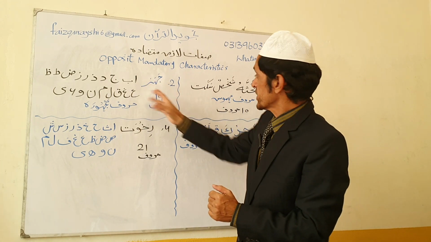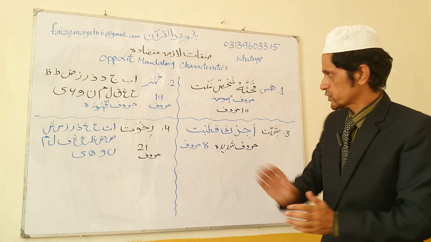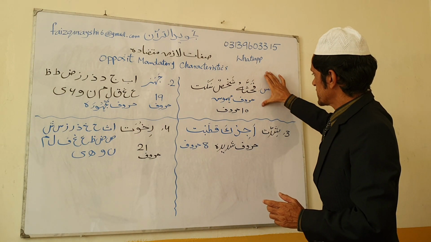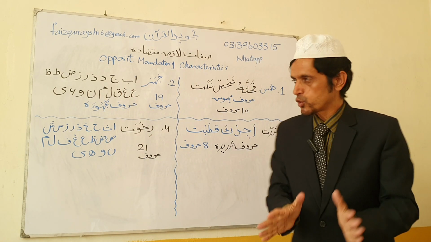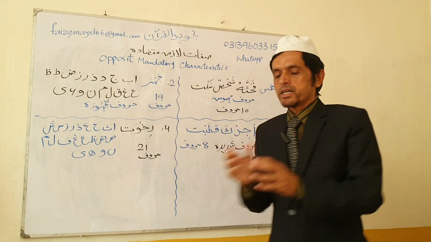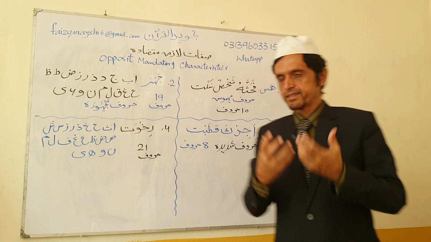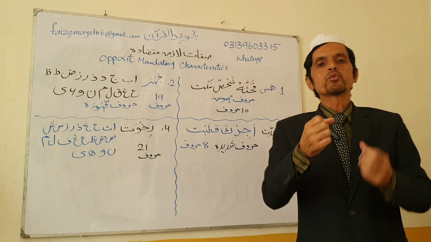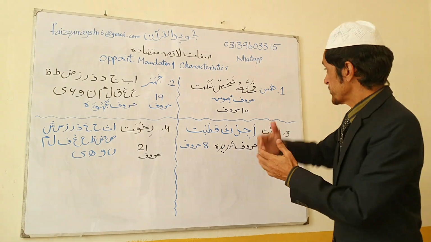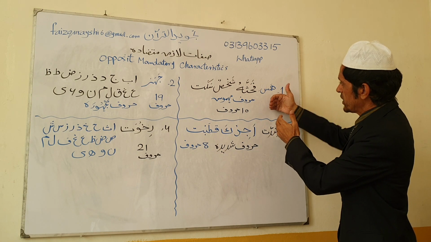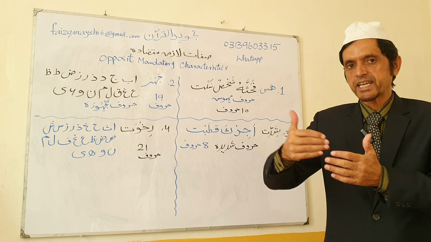For example, we have 29 letters, so 10 letters are mahmusa and 19 letters are majhura. When we articulate these letters from their articulation point, there will be strongness and the sound is stopped here, while there will be weakness and the sound will continue.